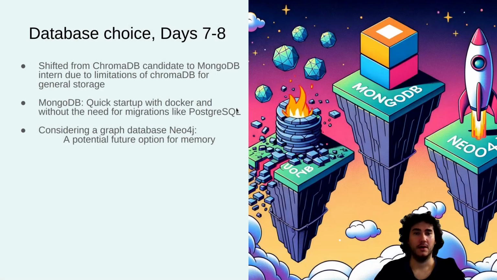Now, database choice, days 7 and 8. Initially, I thought that we'd pick a vector database, for example ChromaDB, to store messages and application logic, and we'd be creating some kind of memory for the AI entity using it.